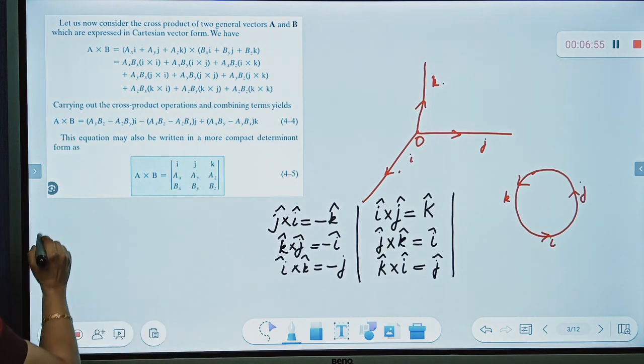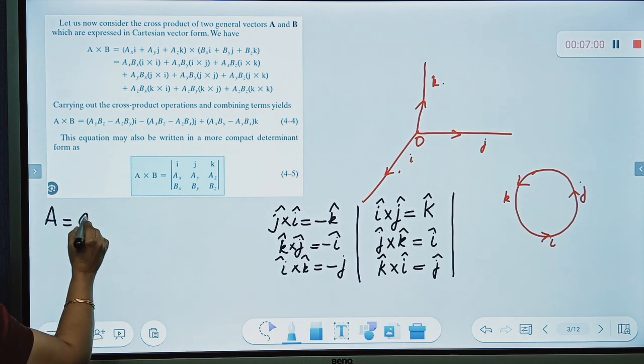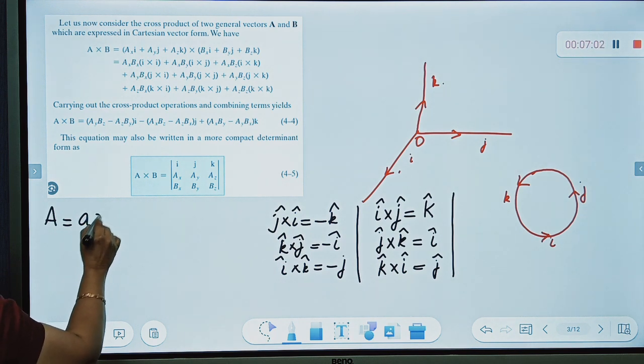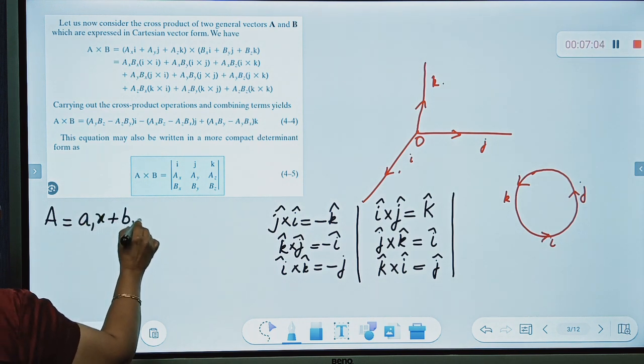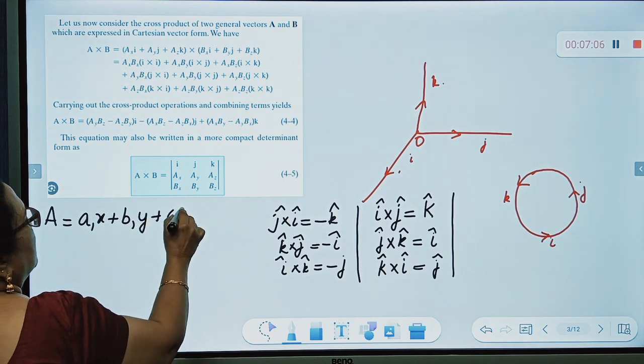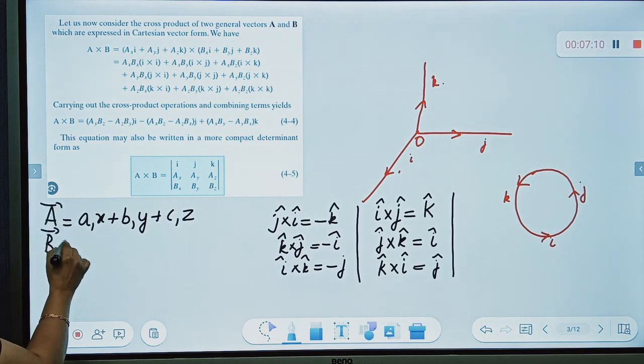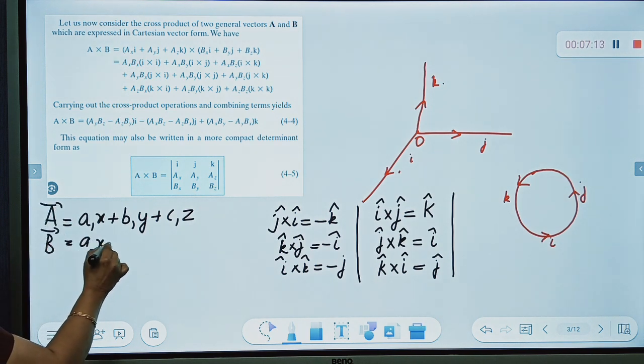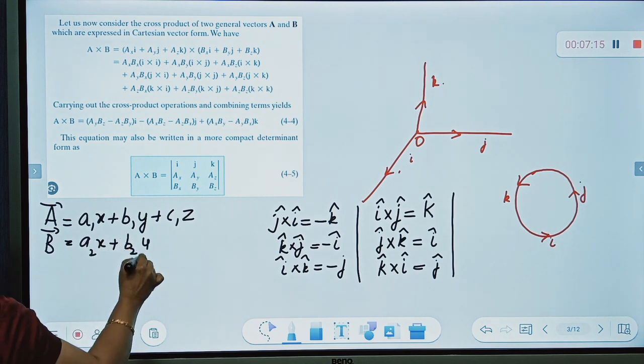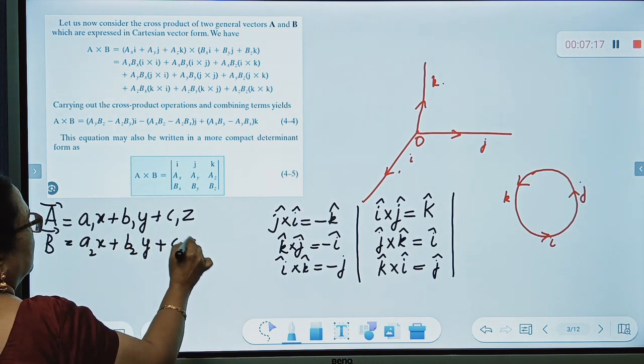Maybe you will understand much better if I write A as A1 x plus B1 y plus C1 z, and B vector as A2 x plus B2 y plus C2 z.